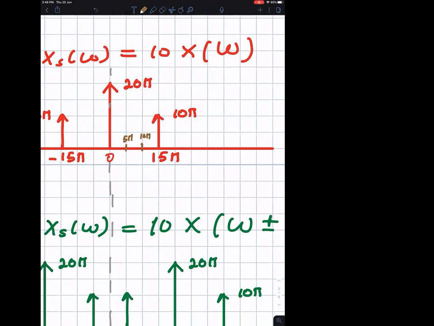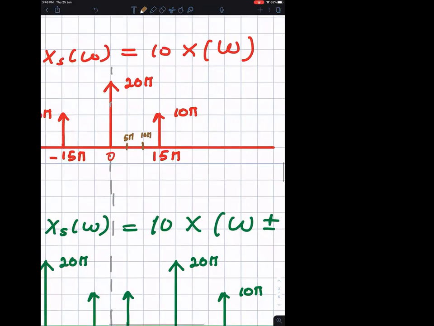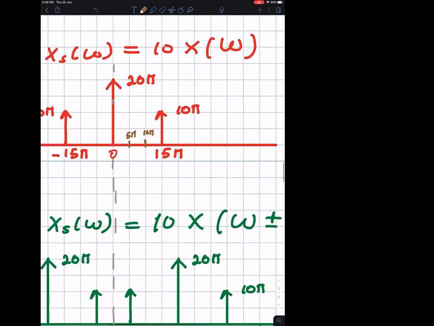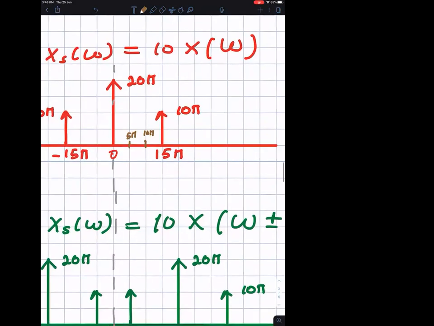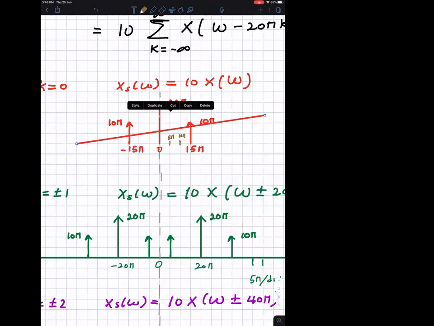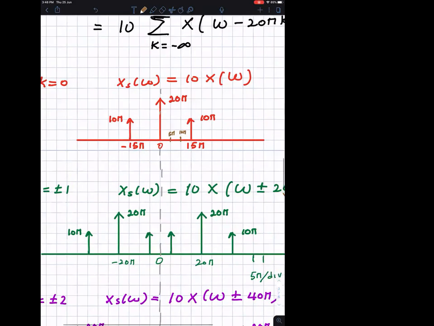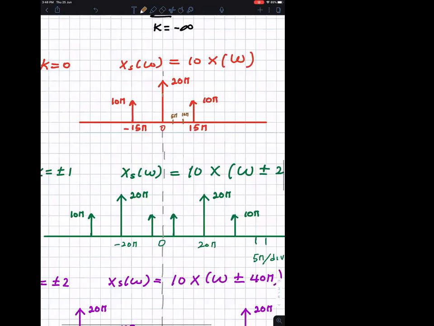So one division is 5 pi. Okay, that's all the mistake I made earlier. I'm supposed to have it to scale. Sorry about the confusion. So any question until now, before I put them together?